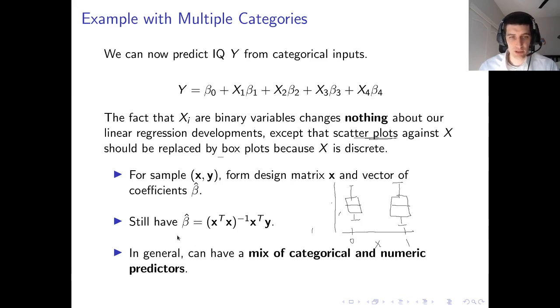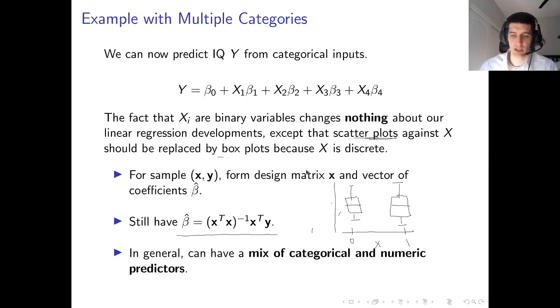So in particular, this is still our least squares estimate. And in general, you can have a mix of categorical and numeric predictors. If you have a categorical predictor, you can encode it as these binary or indicator variables, right? And you can keep your numeric predictors as you have them and just continue to use them, right?